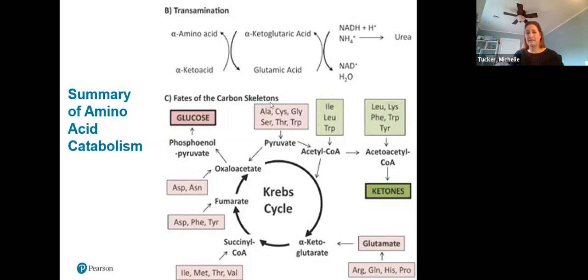Then its skeleton feeds into the Krebs cycle. The amino group gets donated to urea formation in the liver. So basic concepts, not exactly where it fits in. Okay. All right. So that is the end of amino acid catabolism.